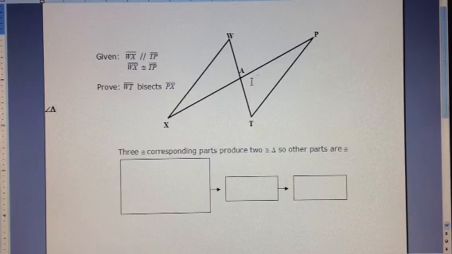And of course, we know that if the triangles are congruent, then the corresponding parts are congruent, which would be XA and PA. And so therefore, A would be the midpoint. A is exactly the same distance from P as it is from X. And so that's what we put down in here.